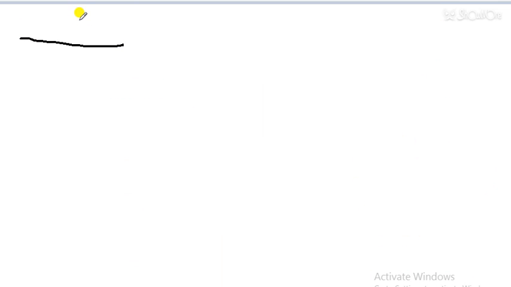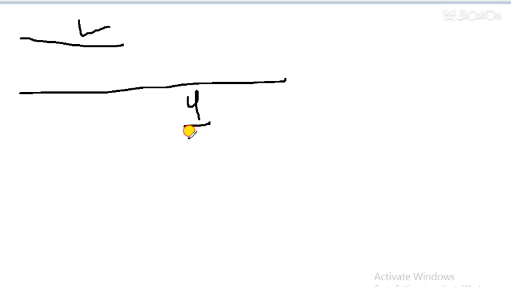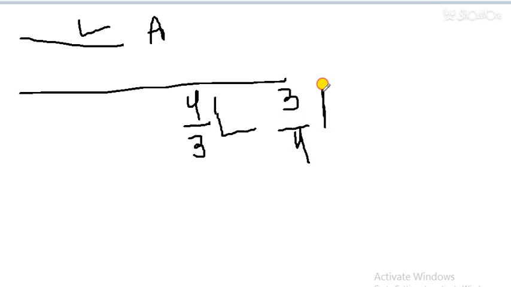Suppose the earlier length was L. The new length is 4 by 3 times L. So this is stretching of wire. The second length is greater than the first. So you can see here area will be A, and here the area will be 3 by 4 A. So I am telling you that you can take the reciprocal of value directly.